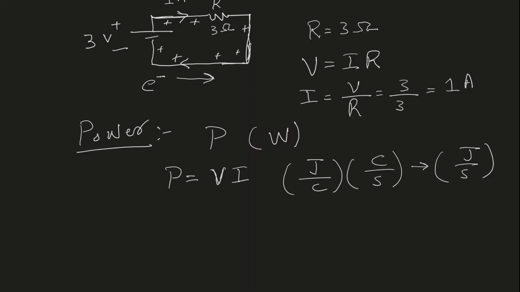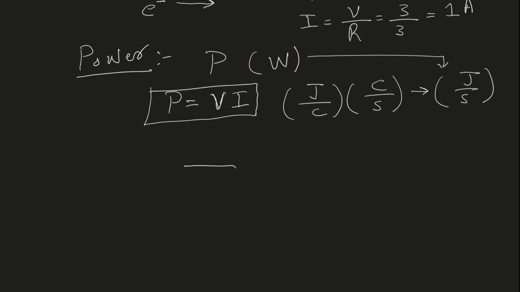So you can see that power is actually work done per unit time, or you can say the amount of work done in 1 second. That's the definition of power. And you can also be confident now that the product of voltage and current gives us watts, which is joules per second. So watt is the symbol that represents joules per second. All right.